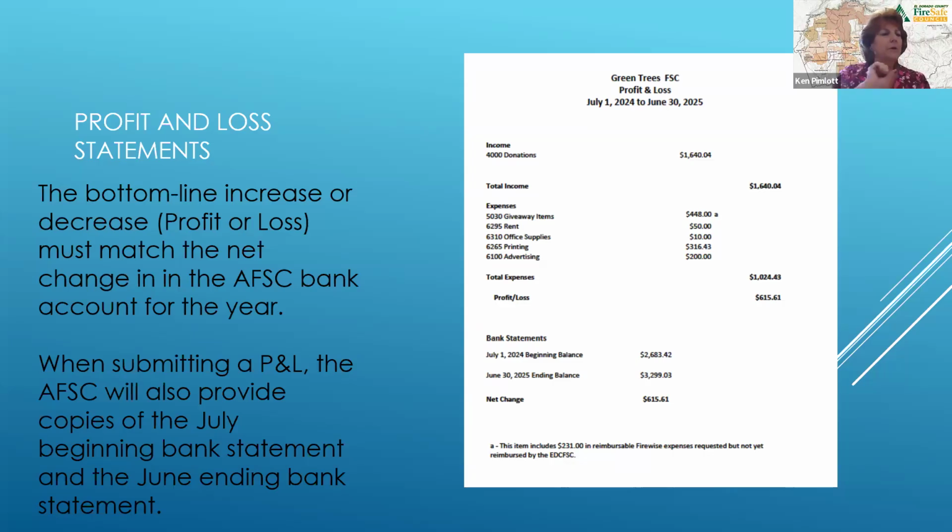Which is why at the bottom, your bank statement information is there. So those two numbers will have to match, and we'll talk a little bit about that again towards the end. That's also why you're submitting your two bank statements. It's a validation that what you are putting in your revenues and your income and expense is matching the change in your cash balance for the year.